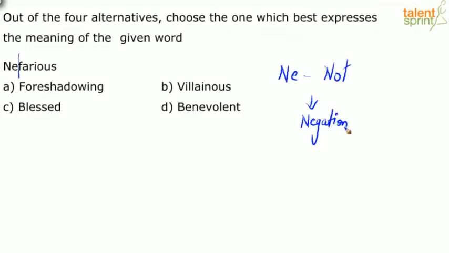So having said that, let's look at our options. Foreshadowing, villainous, blessed, benevolent. So because it gives me a negative meaning, nefarious, right? Blessed and benevolent are positive words. We know that. Benevolent again has another root word which means well.